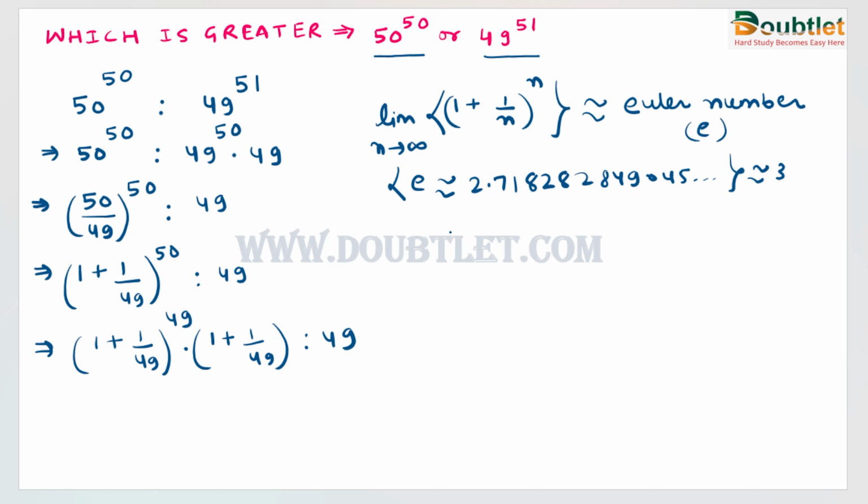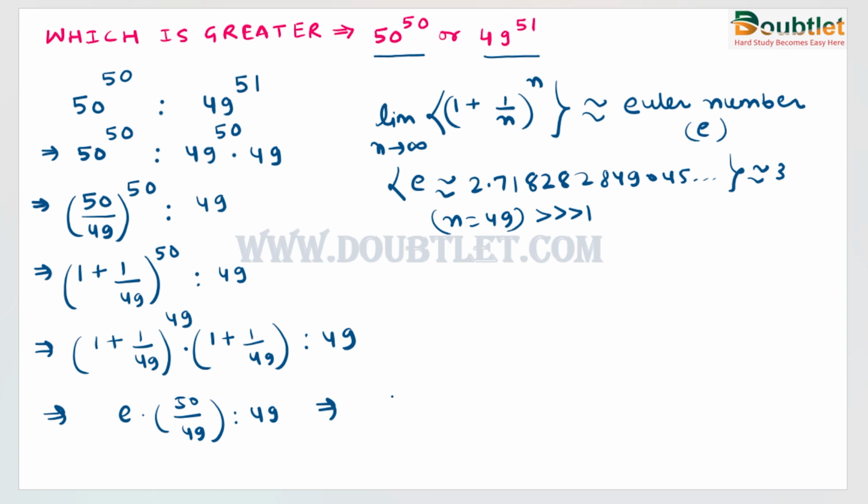Since n is equal to 49 here, it is a very big number, far greater than 1. So we can consider the value of this approximately e. So we get e multiplied by (50 divided by 49), divided by 49.